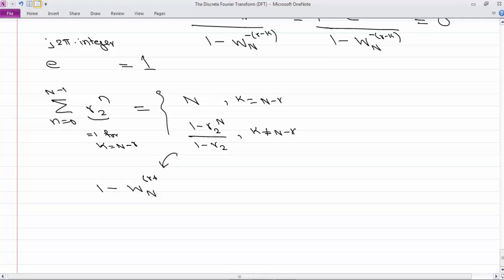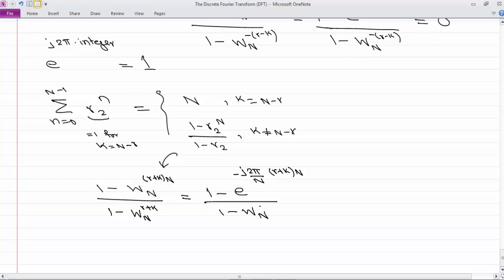Wn r plus k to the capital N over 1 minus Wn r plus k. We have already gotten rid of the division by 0 case, right? So now let's look at the numerator then. It's e to the minus j 2 pi over N r plus k over N, divided by 1 minus Wn r plus k.